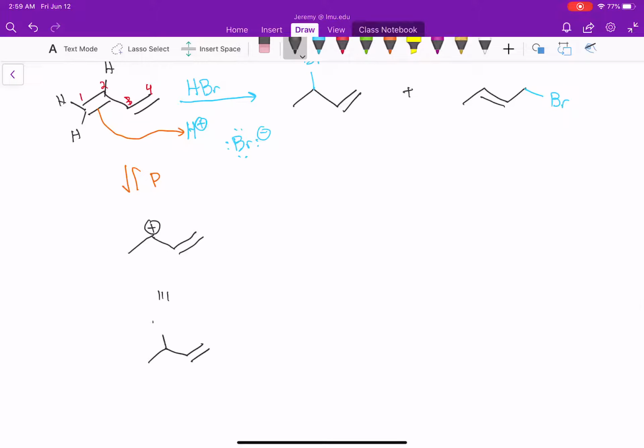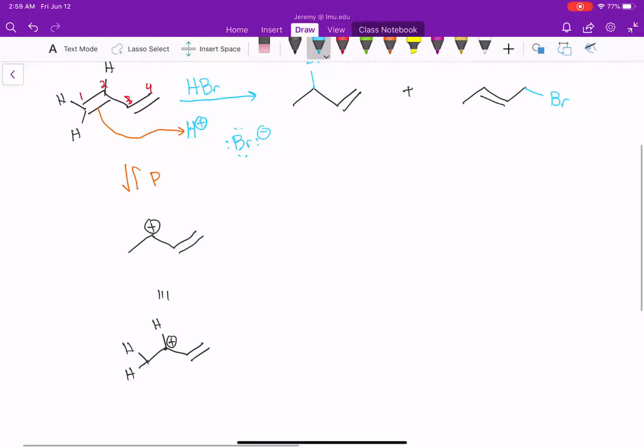Carbon 2 only has 1 H. That carbon only has 3 bonds. Carbon 1 had 2 hydrogens, but because we added this H to carbon 1 in blue on the left, that gives us a secondary carbocation.